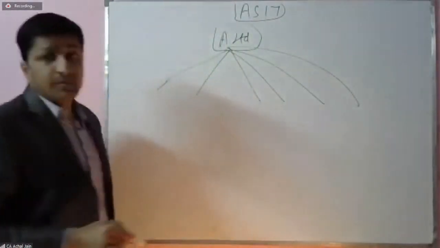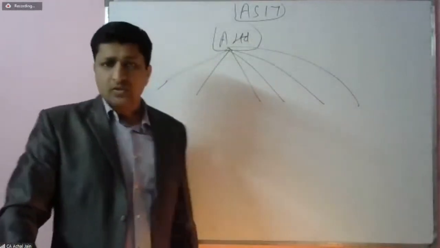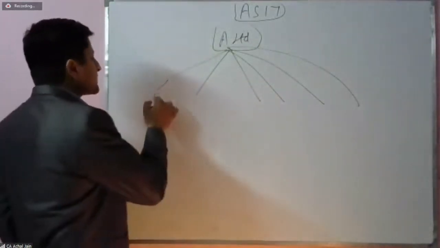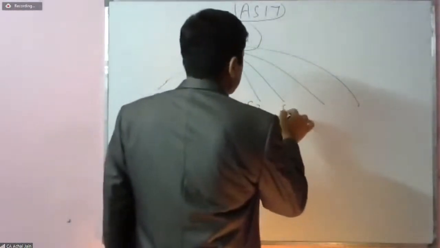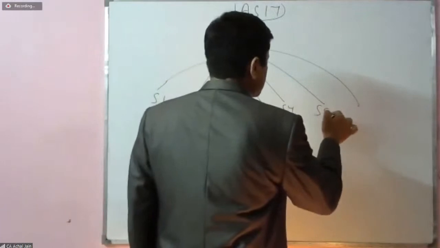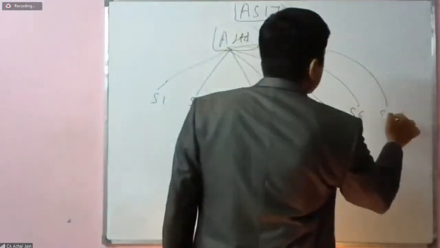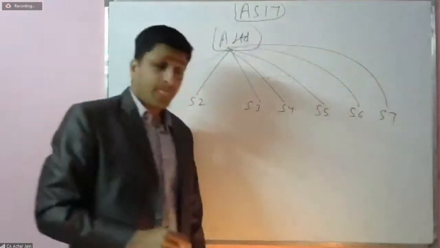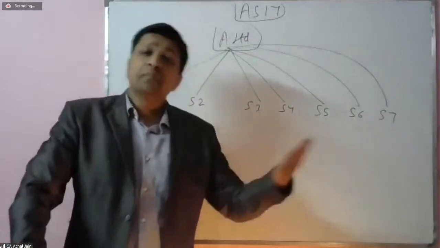It could be on the basis of geographies. Either way it's possible. So let's suppose this company has got 6 segments. Or let's say 7 segments. For a company, it may be more than that.